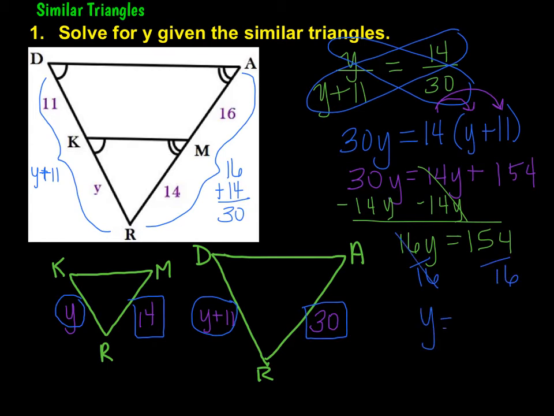And y is going to equal whatever 154 divided by 16 is, which is 9.6 when I round to the nearest tenth. So let me go ahead and put a box around my answer. And we solved for y. Cool. Let's try another one.